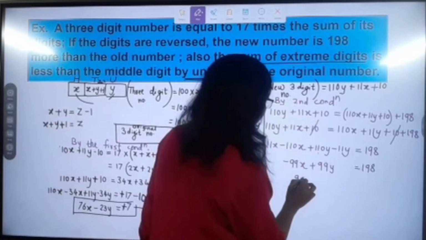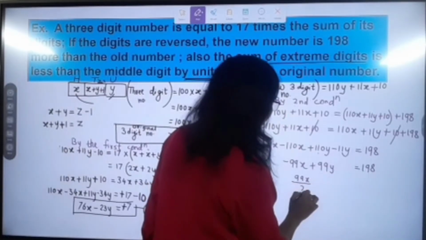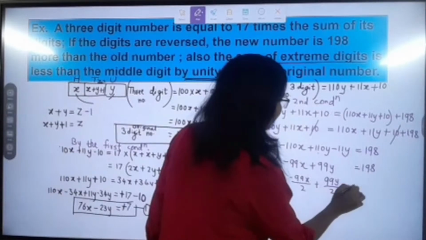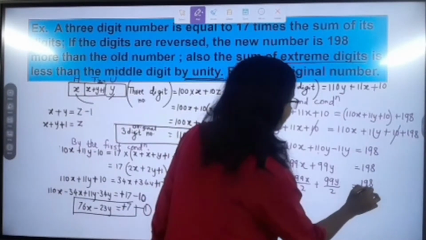So here dividing both the sides by 99, we get the new equation.